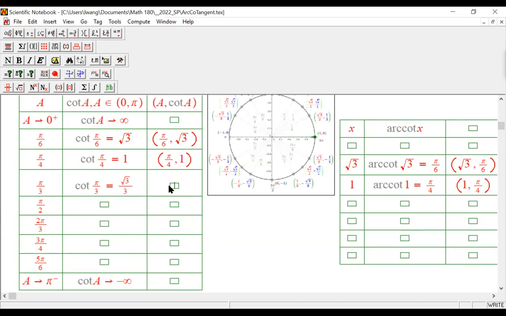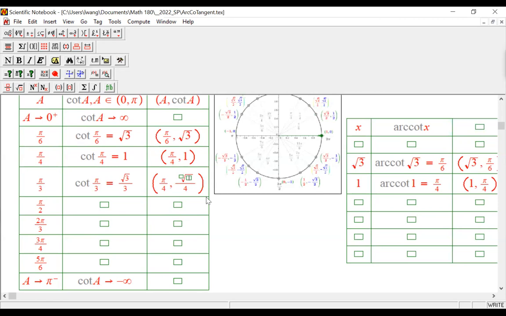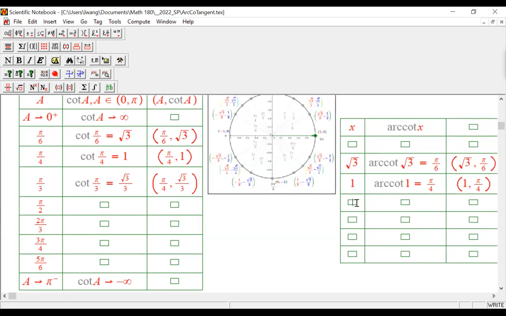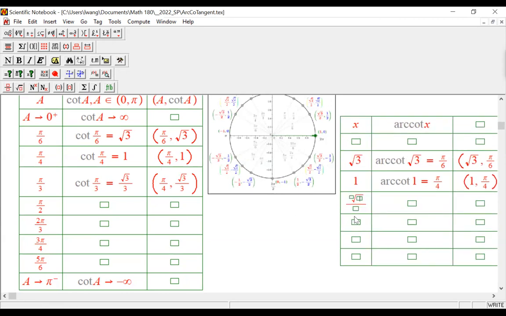Now we have the point, input, output. The output is √3 over 3. On the other side, it's √3 over 3.